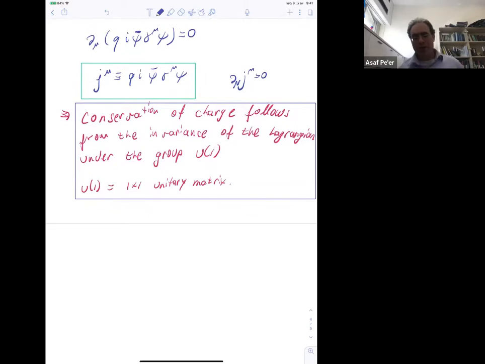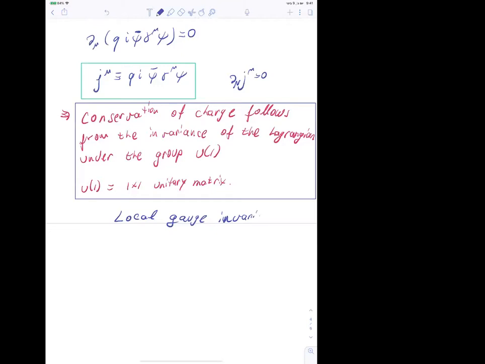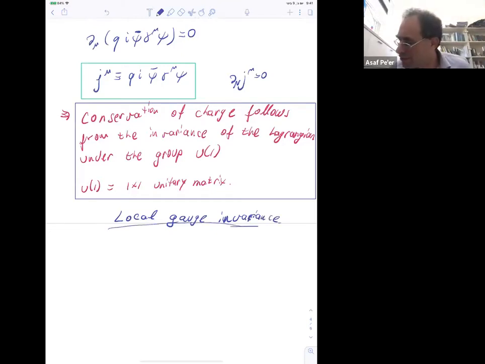Now I want to do the local gauge invariance. It's much cooler. It requires some explanation because this is potentially one of the coolest things you'll see.